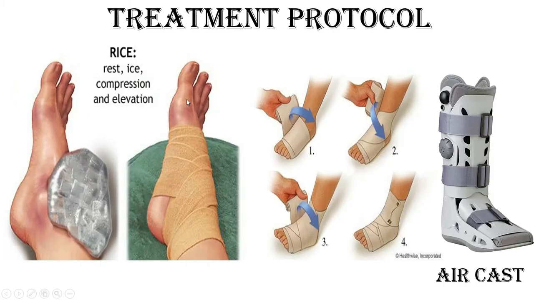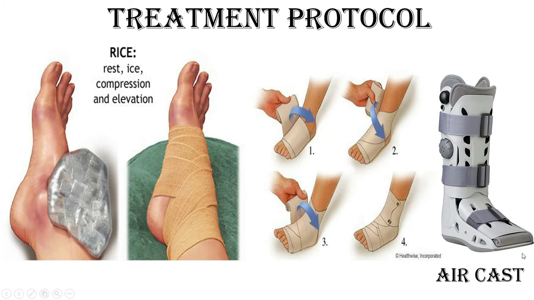Okay, now for any type of injury around the ankle including ankle sprain, the treatment protocol is the RICE protocol: rest, ice, compression, and elevation of the foot. Nowadays, the walking iron plaster has been replaced by a special type of cast.